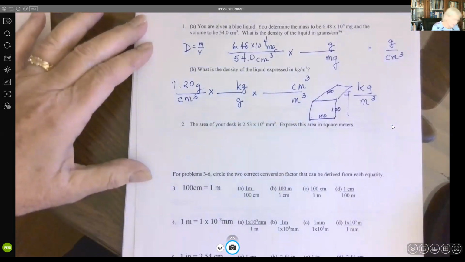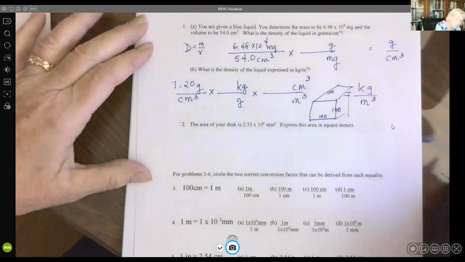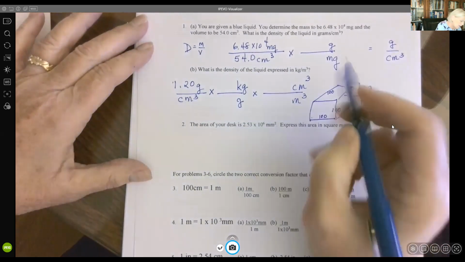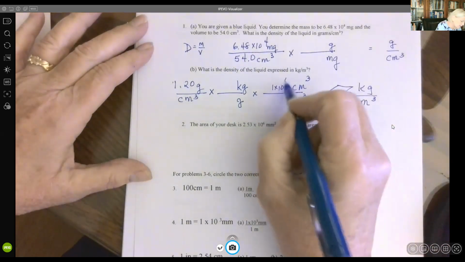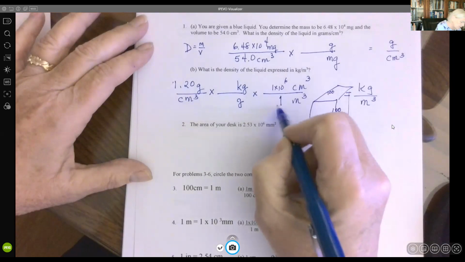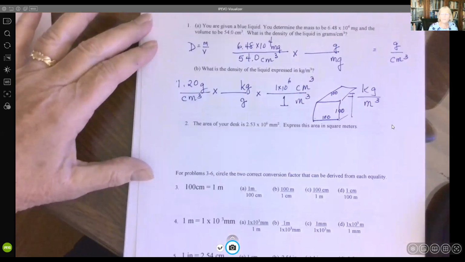So there is 100 times 100 times 100. That's 10 to the 2 times 10 to the 2 times 10 to the 2. There is 1 times 10 to the 6 centimeters cubed in 1 meter cubed.